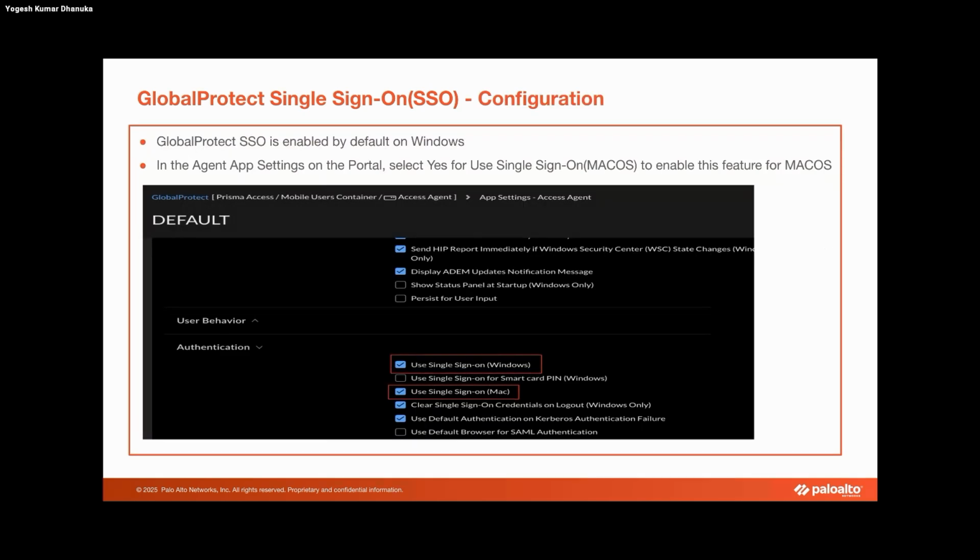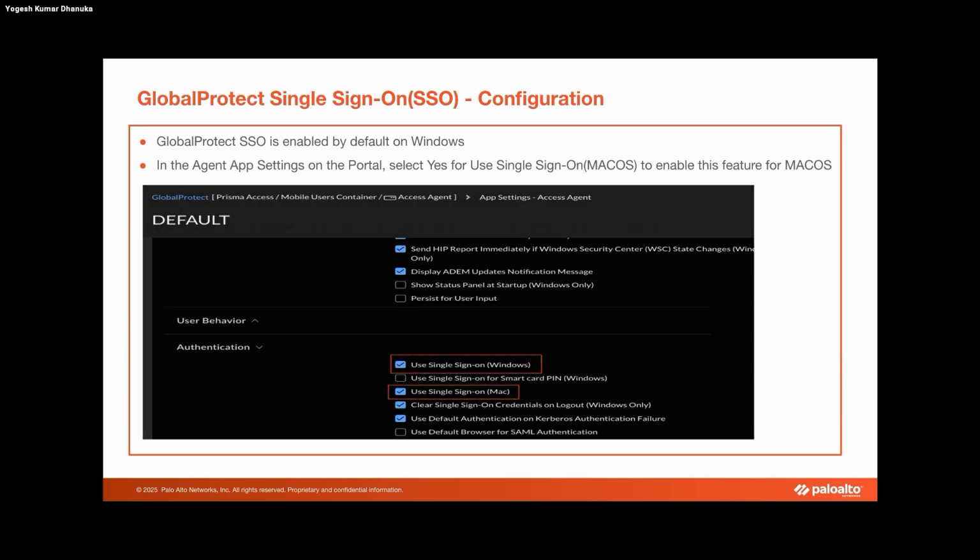It's just a single checkbox for the single sign-on. As we said, by default, it is enabled. So if you're using LDAP or normal credential-based username, password, prompt-based authentication mechanism, SSO usually comes in handy.